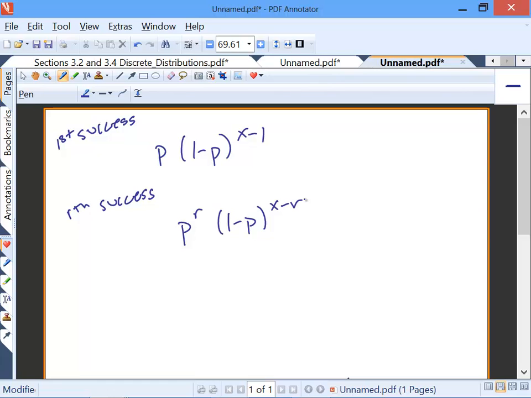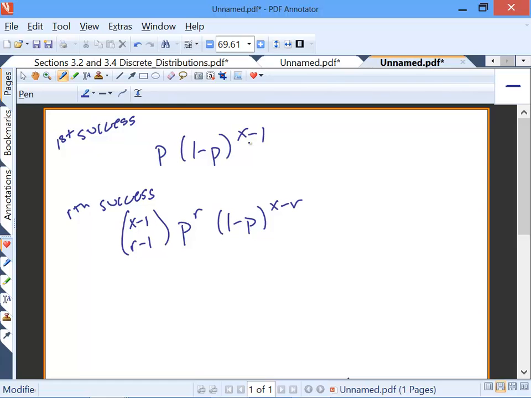Or I could have good, good, bad, bad, bad, good, something like that. So you have to figure out all the different ways you can get your r successes, which is why we have to throw in this combination. The reason we have our minus 1s is that we know our last trial has to be a success. So we're really only taking the x minus 1 old trials and trying to choose r minus 1 successes. So that's where we get the formulas.